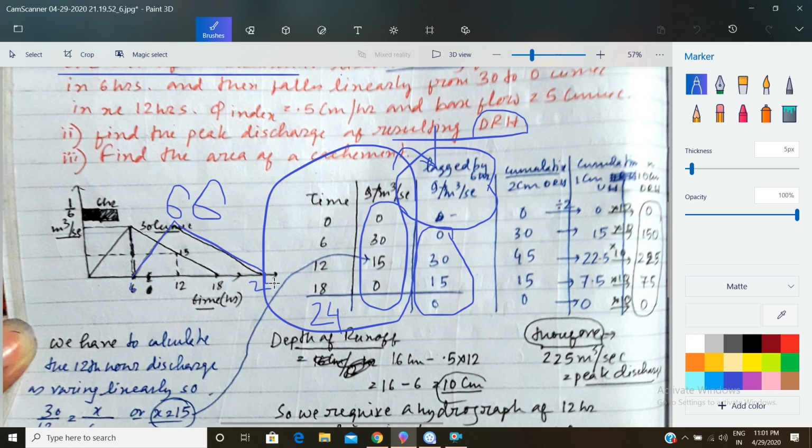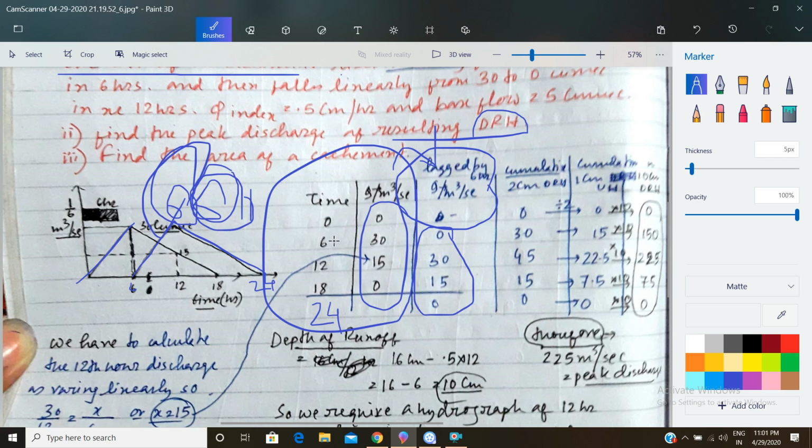Okay, so this is given here. We have lagged it by 6 hours. Why? Because the next 6-hour storm will contribute from its first drop of rain after the first 6-hour storm has occurred. Only after that will the next storm's first drop contribute to the discharge. So we have lagged this by 6 hours.